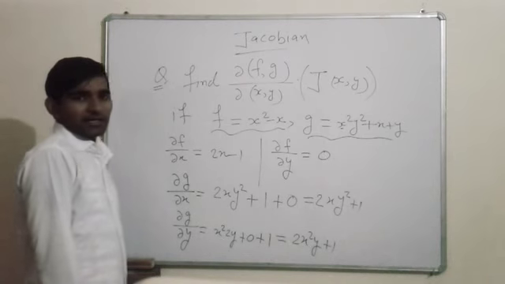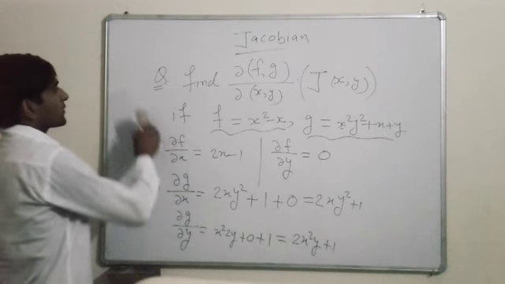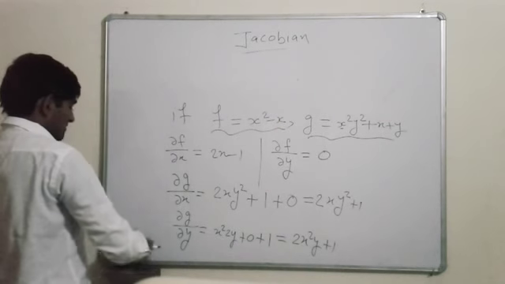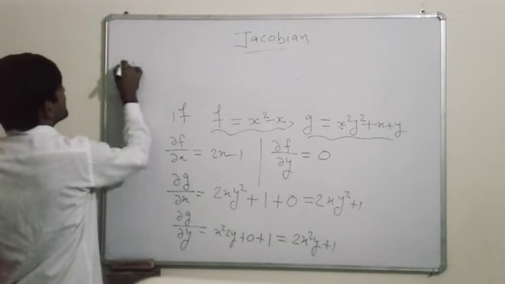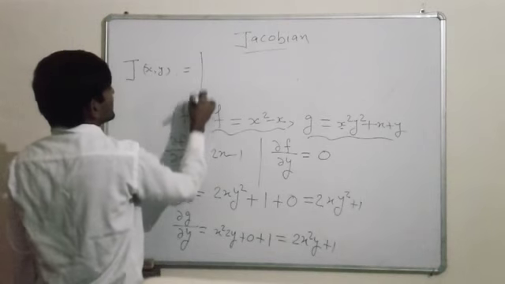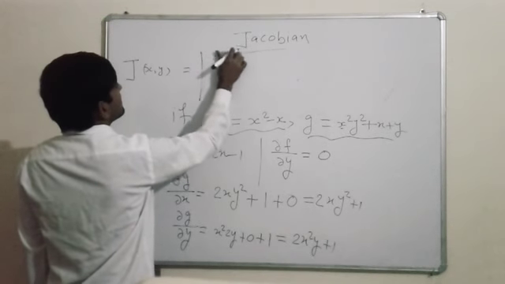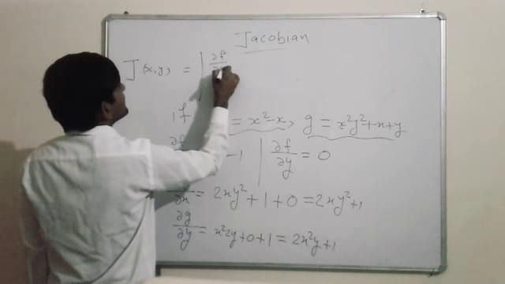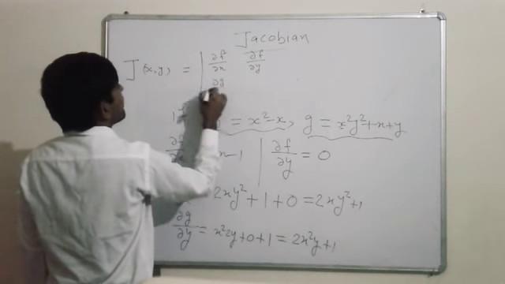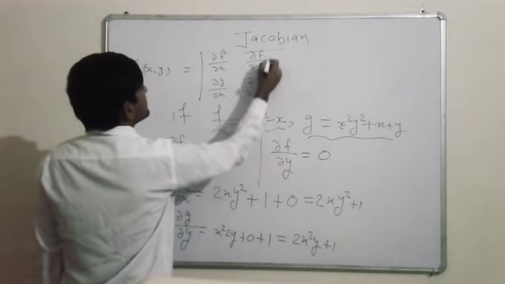Now we put it in Jacobian formation. J of x y is equal to the determinant of del f over del x, del f over del y, del g over del x, and del g over del y.